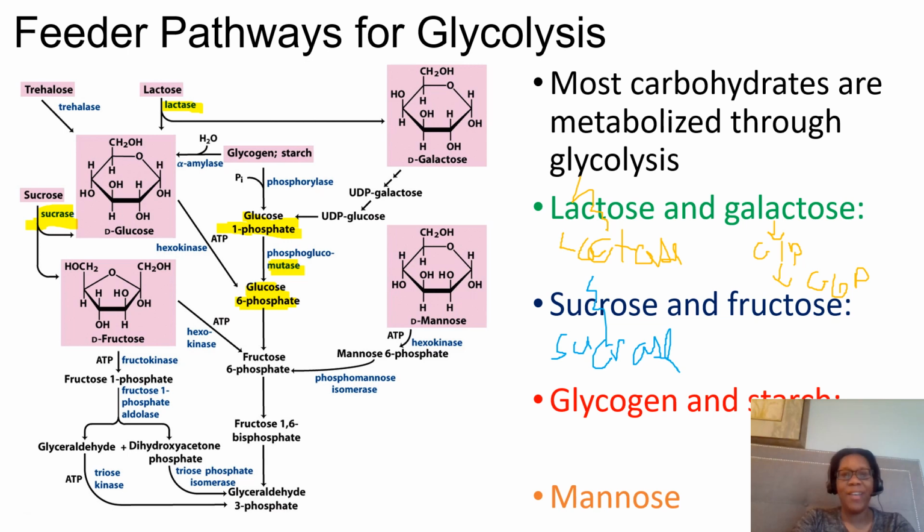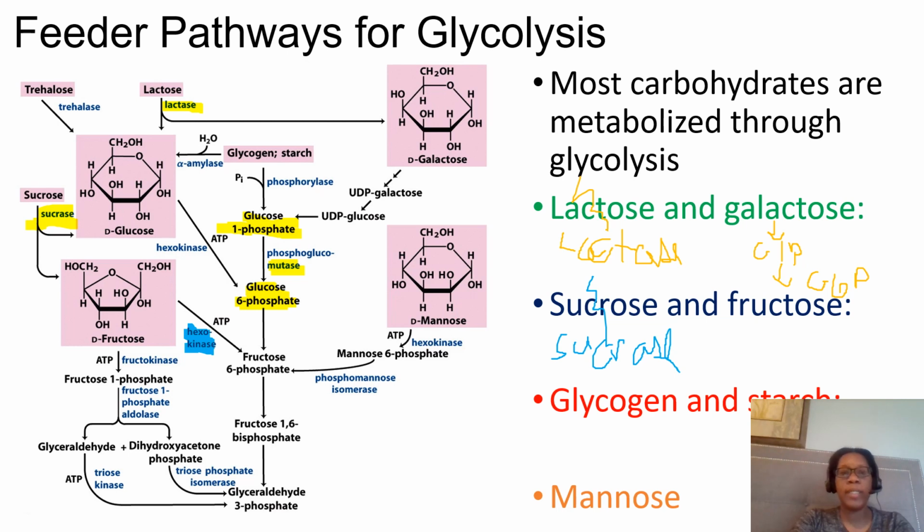But anyway, so you're going to break that down with sucrase, and glucose goes right into the glycolysis pathway. But what about fructose? Well, actually, fructose has two pathways it can go on, depending on what organ it's being broken down in. But we'll just learn this one, that fructose is acted upon by hexokinase.